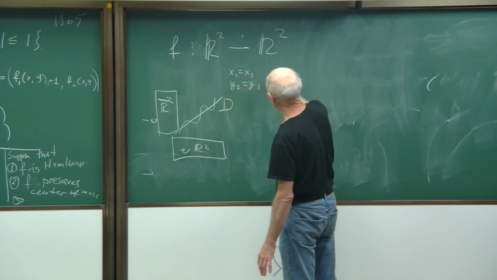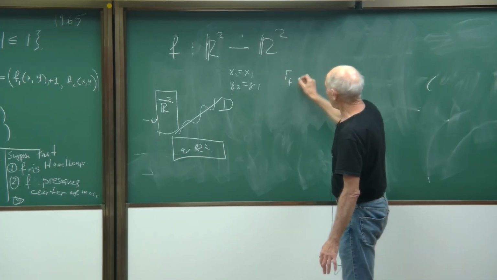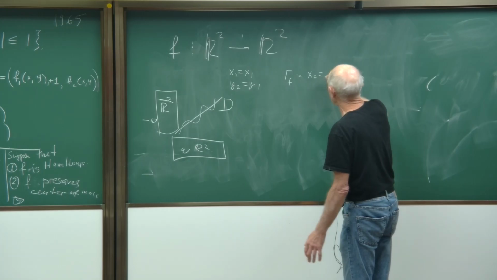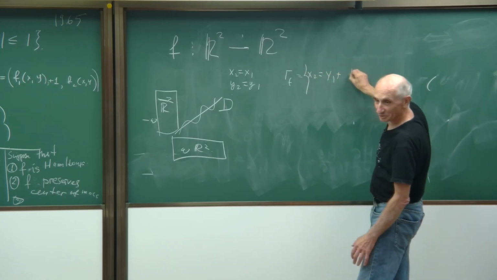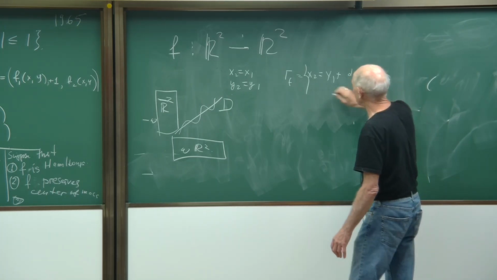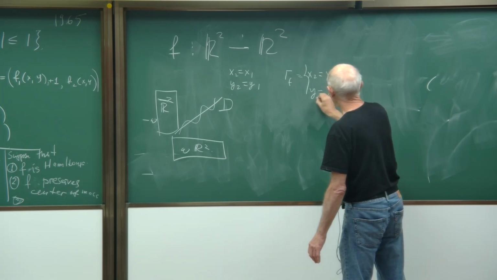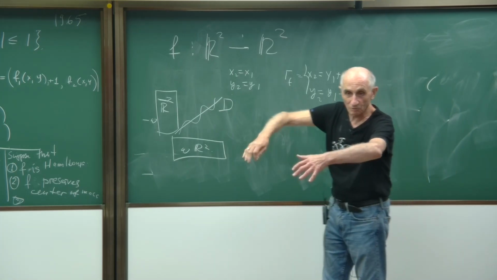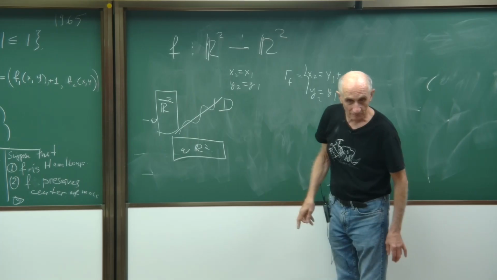Let's call it gamma f: x2 equals x1 plus some small extra thing alpha, and y2 equals y1 plus some beta, where alpha, beta are small functions, small additions. So you get this one.